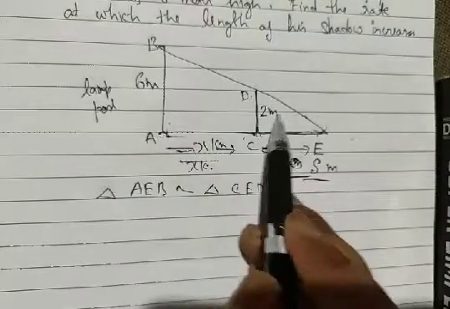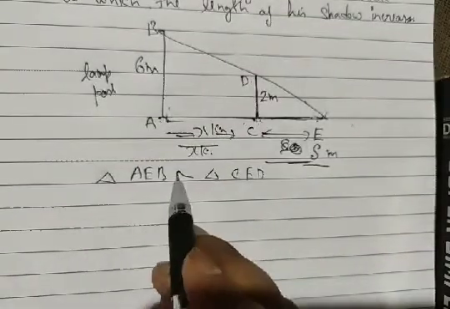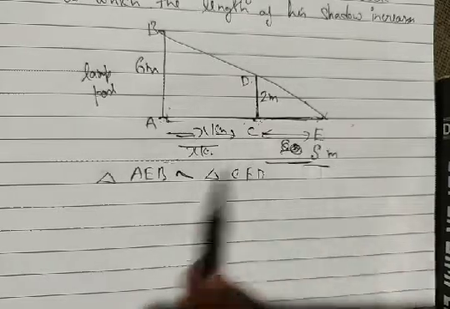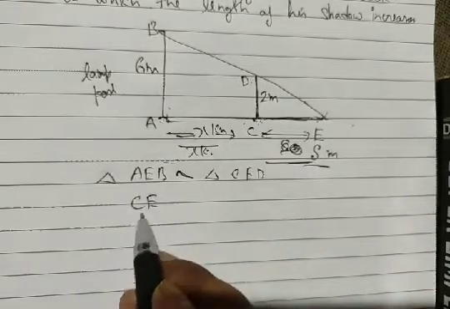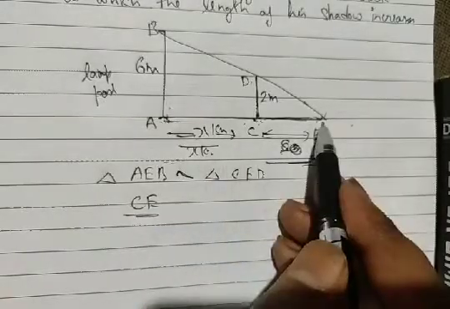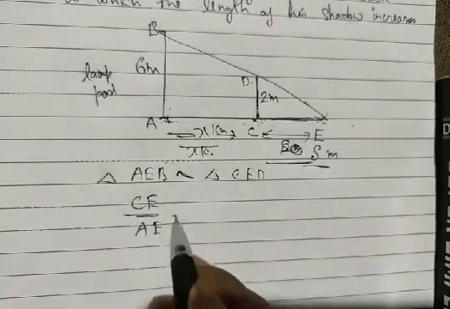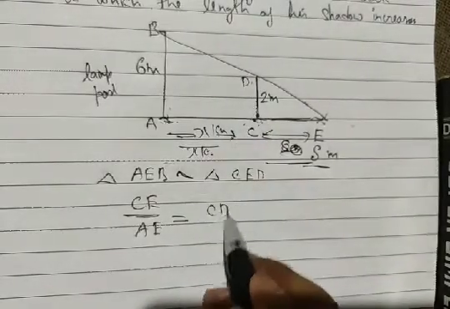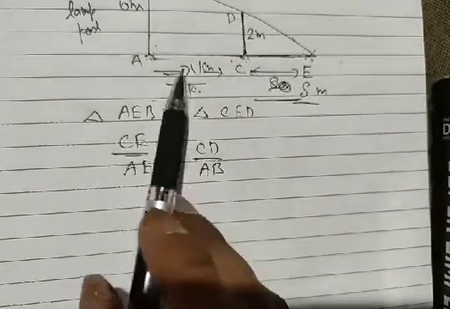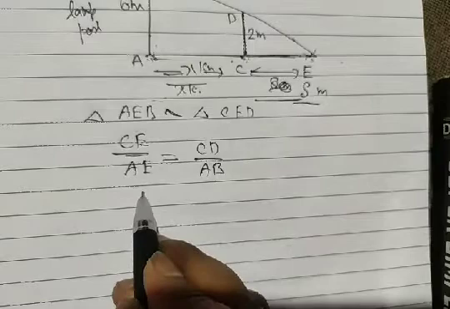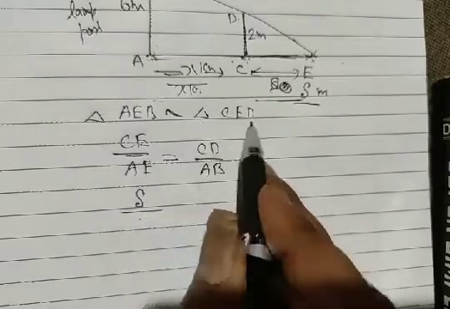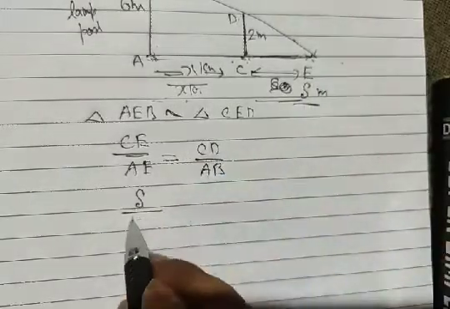By the property of similarity of triangles, the ratio of CE to AE equals the ratio of CD to AB. CE is S, and AE is X plus S.